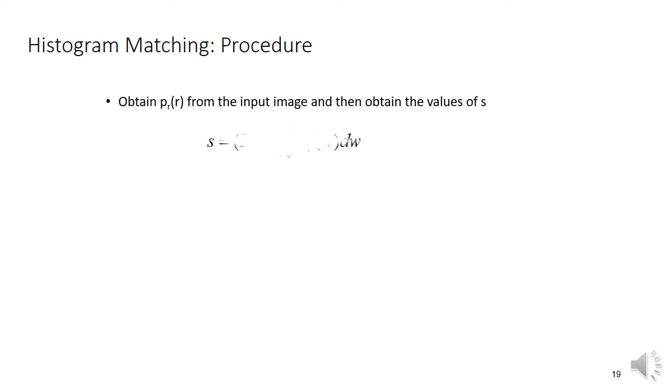So here is the procedure for matching a histogram. For example, we obtain p_r(r) from the input image, and then we obtain the values of s with this formula.